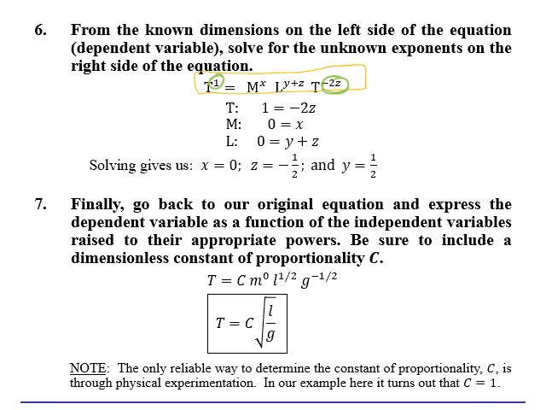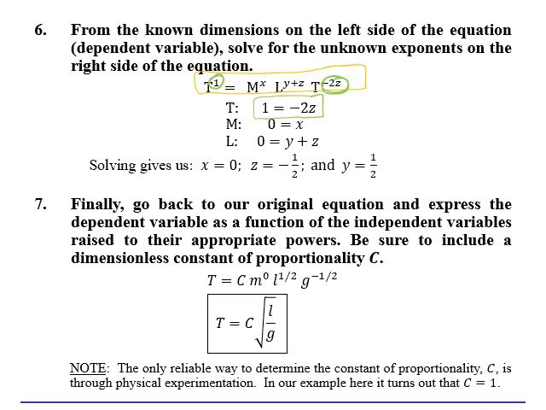Well, these have to be equal, because my dimensions have to be consistent on both sides of my equation if it's a valid equation. So I write down the equation 1 equals minus 2z, because when I'm considering my time dimension, 1 on the left is the time dimension I need for my dependent variable, and on the right it's minus 2z, so minus 2z must be equal to 1.